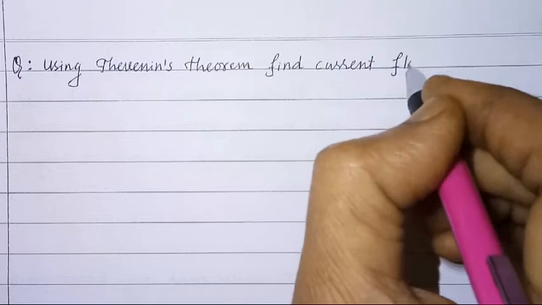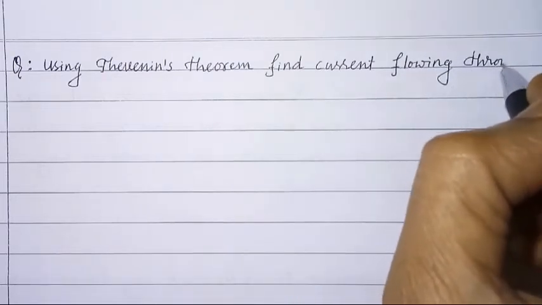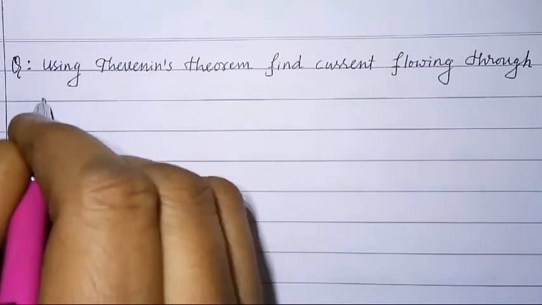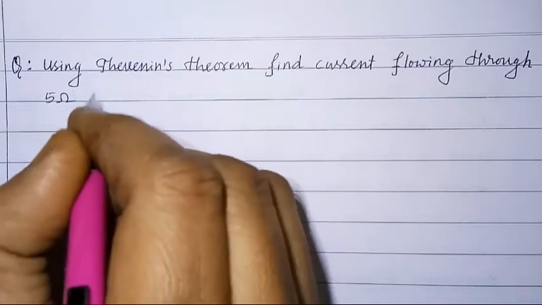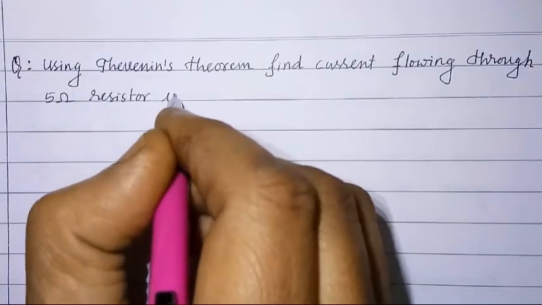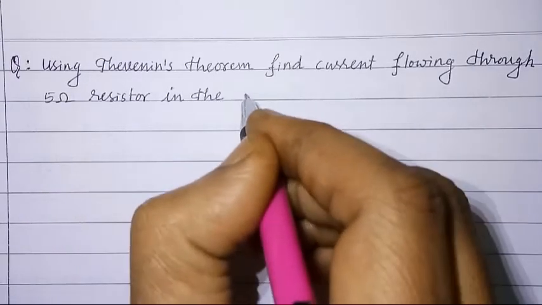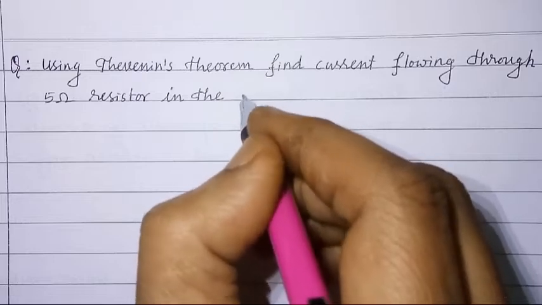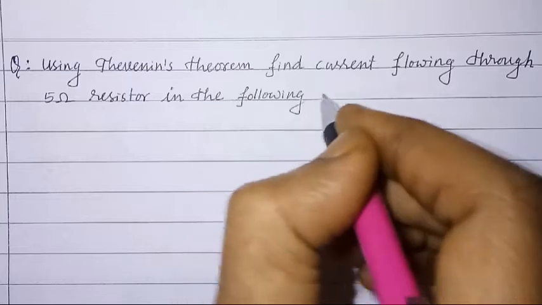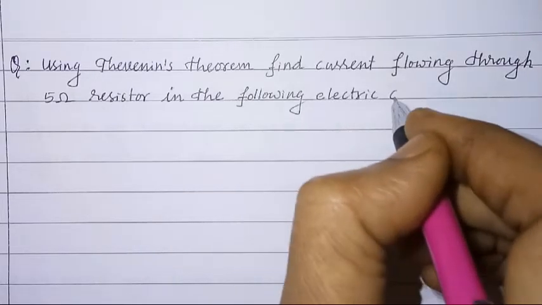Find current flowing through 5 ohm resistor in the following electric circuit.